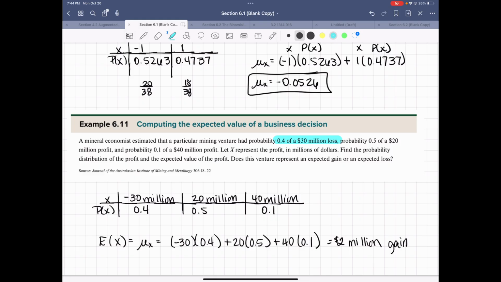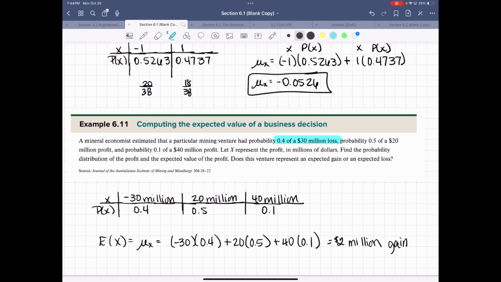And we find the expected value with the mean. So I'm saying the negative 30 times 0.4, the 20 times 0.5, plus the 40 times 0.1. And when we add all that up, we should get pretty much a 2 million. It'll be a 2.